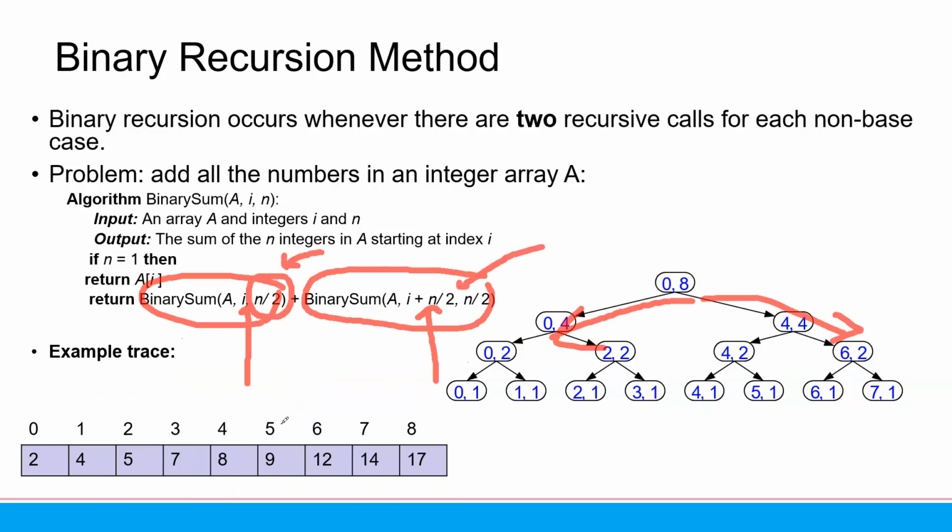So let's say I want to start from index 4. Then I want to sum 4 items, so it means I will sum the next 4.